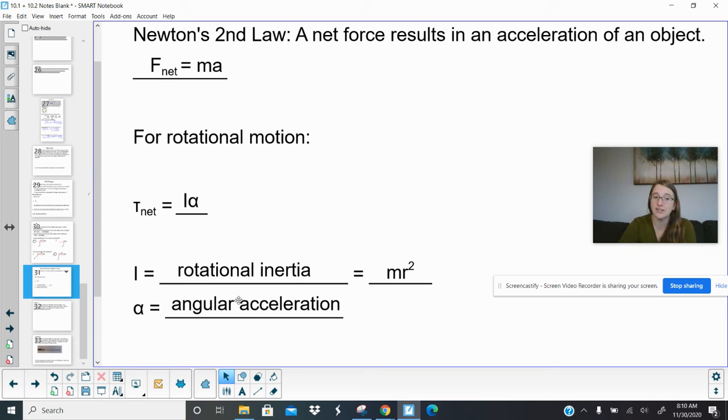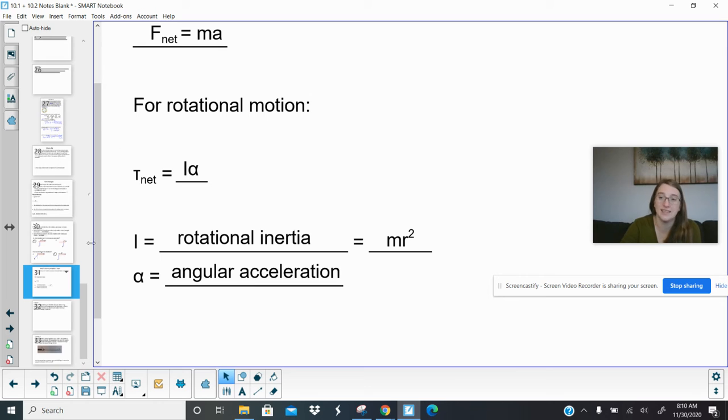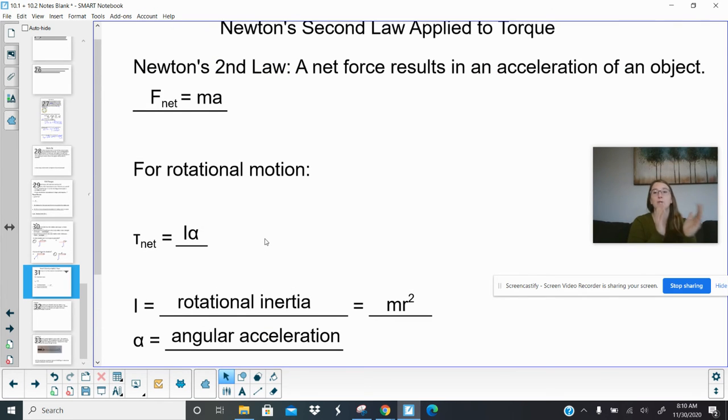So we do still have acceleration here. Instead of F equals ma, we have torque equals I alpha. So we're going to use this in the second question that we do. We'll keep this in mind. If we're dealing with forces and we want to find an acceleration, we're actually going to be using this concept instead of an angular kinematic formula like the velocity formula or position. We would actually instead use this.